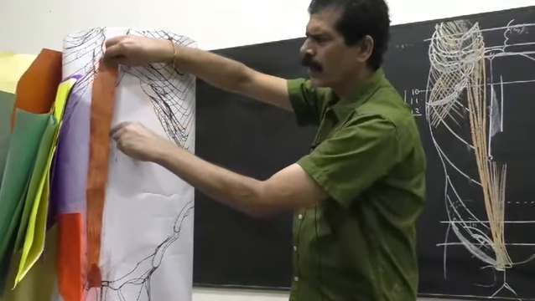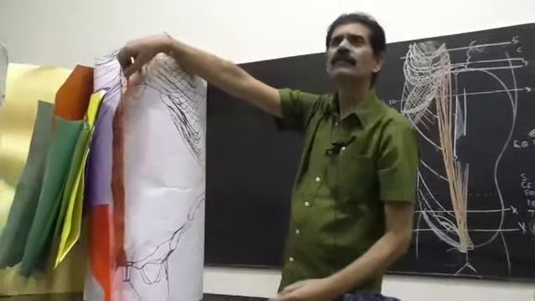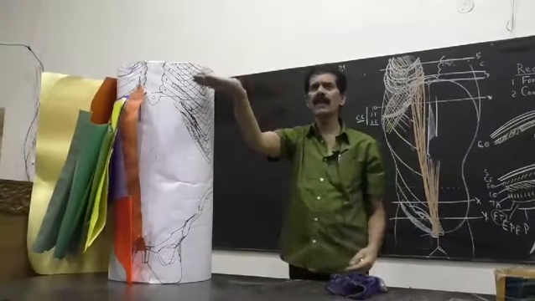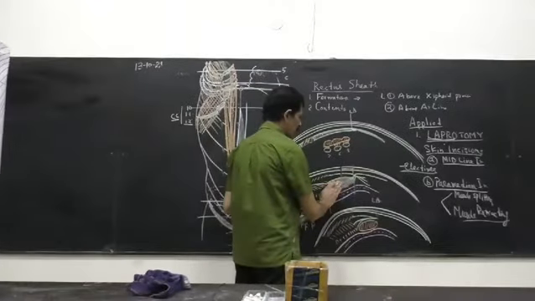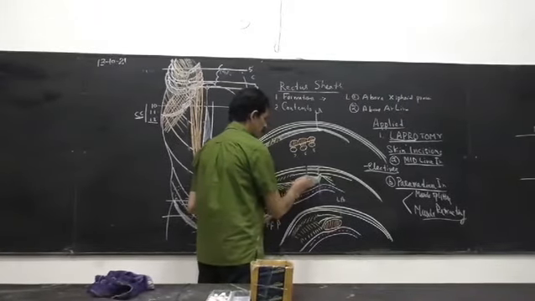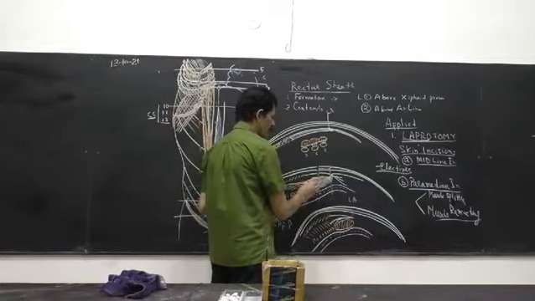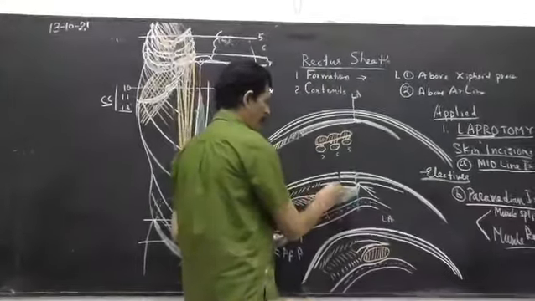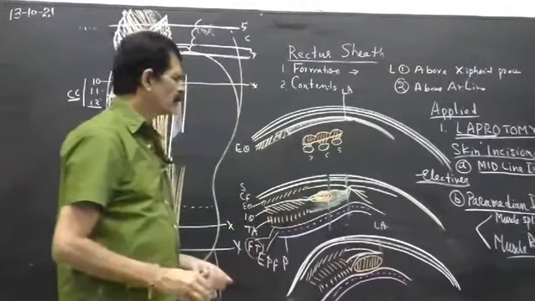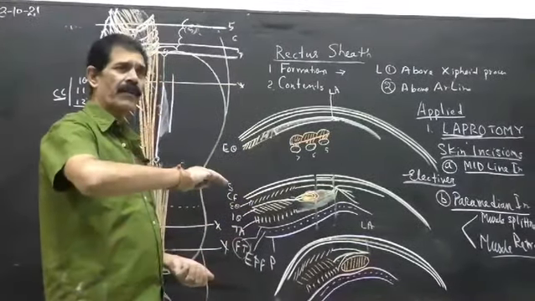So we put the hand here and split it like this. We retract the muscle along with its nerve supply like this. So the nerve supply remains intact. This is called the muscle retracting incision.